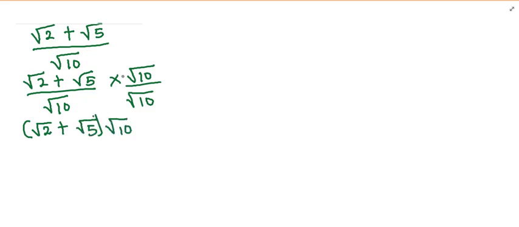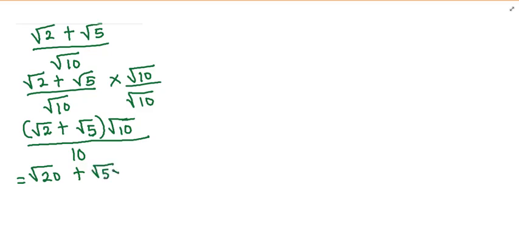So root 10 will multiply these two numbers, all over, then root 10 times root 10 is just 10. Hope you understand. Okay, so 10 times 2 is 20, but remember, because it's a root, it will give us root 20 plus 10 times 5 is 50, so root 50 all over 10.